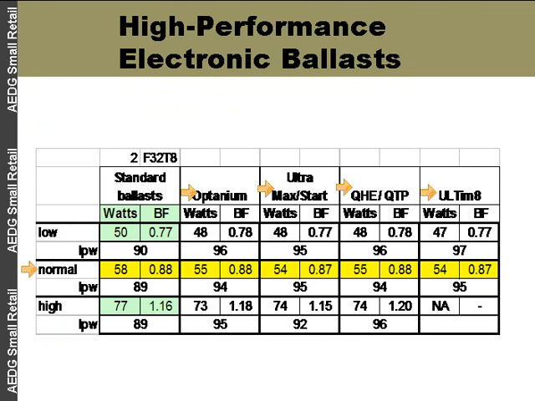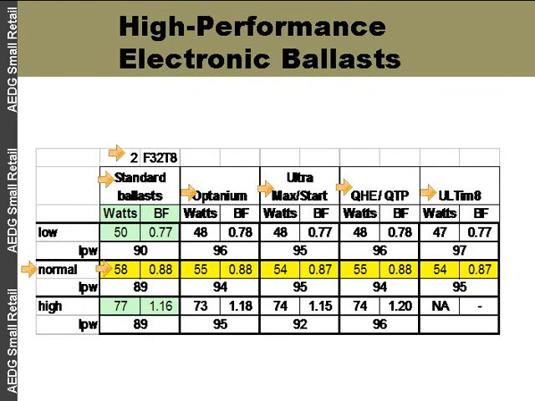And a standard ballast today that we would typically see in about 85% of installations, a 2-lamp T8 electronic ballast, is using about 58 watts. Well, these new high-performance electronic ballasts, we can see there that they range from 54 to 55 watts.